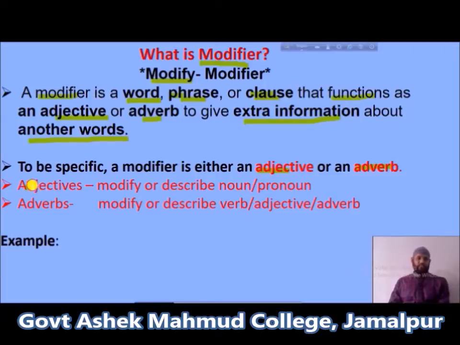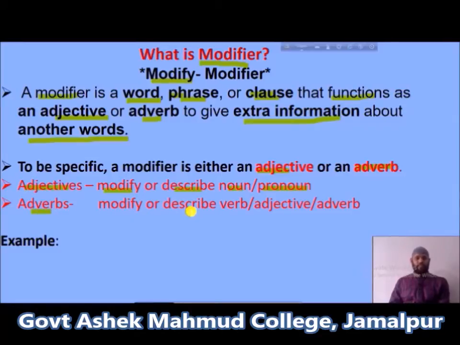Now first let's know about adjective. Adjective modify or describe noun or pronoun. That means if we want to modify a noun, we must use adjective. So adjective always thinks about or talks about or describes a noun or a pronoun. Now adverb.